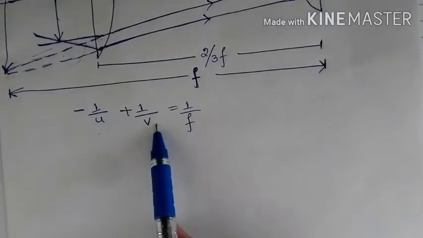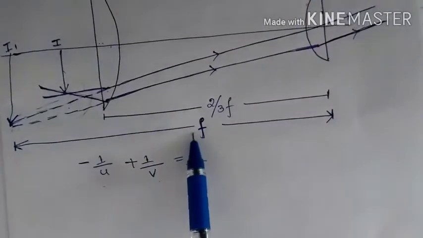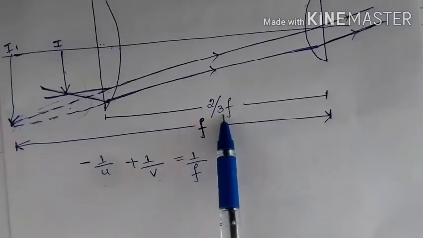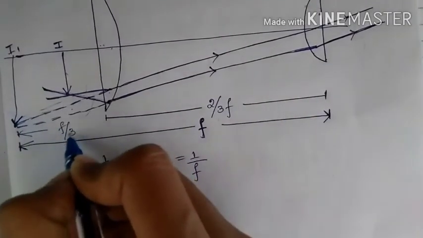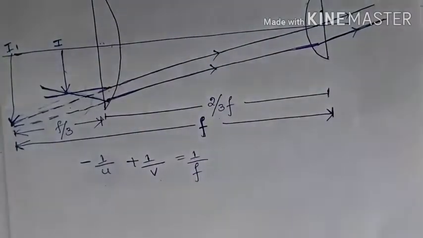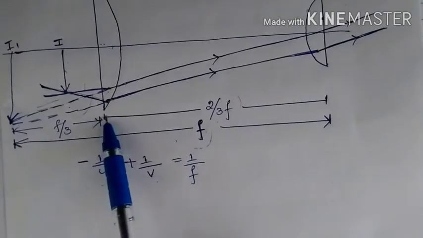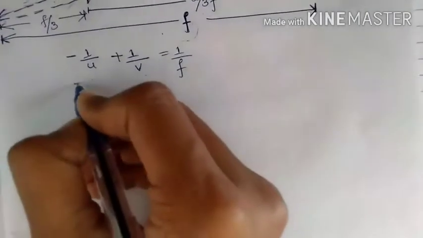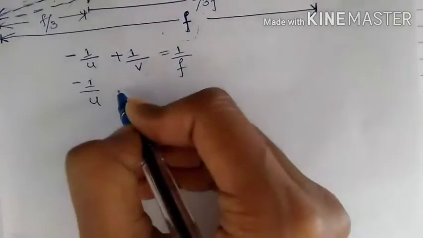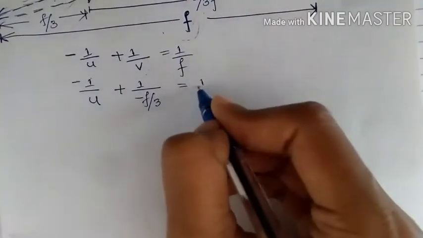We know v, which can be found from the diagram. f minus 2/3 f is f/3, so the distance v is f/3. If you subtract 2/3 f from f, you get f/3. Substituting that in the equation, we get minus 1 by u plus 1 by minus f/3 equals 1 by f.